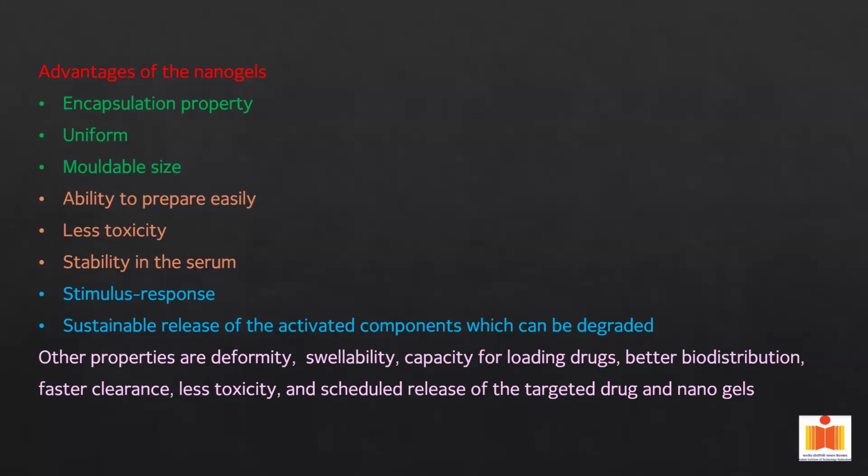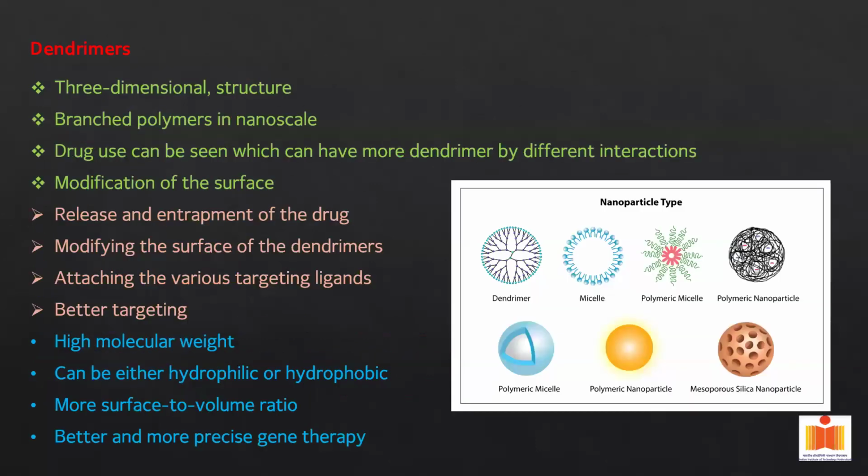But again, everything is dependent on other properties because they can cause deformity, they can swell the cells, they can be loaded with drugs, and they can have better biodistribution, faster clearance, less toxicity, and release of targeted drugs. So these are the advantages of nanogels.